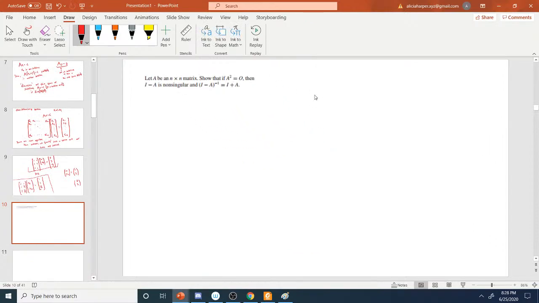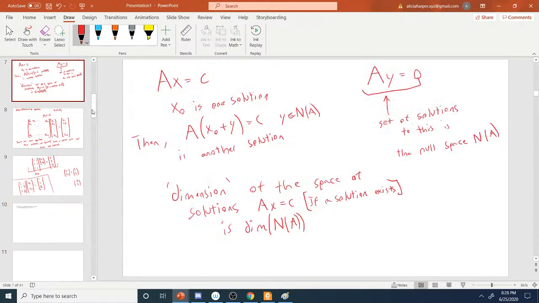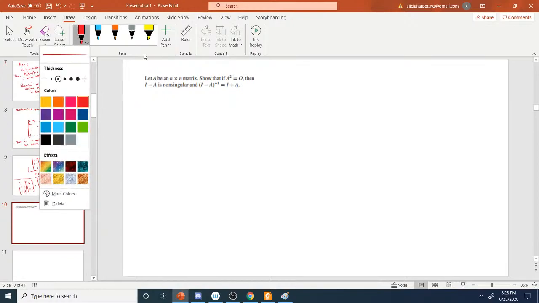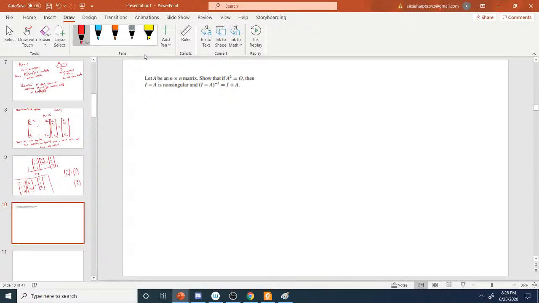Okay, so let A be an n by n matrix, and we're assuming here that A squared is the 0 matrix. Then the claim is that I minus A is non-singular, and I minus A's inverse is I plus A. So let's see why this is true.